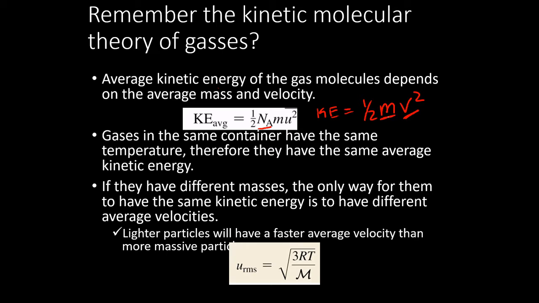Now, obviously, in reality, the toddler does not move as fast as the linebacker, but analogies always break down eventually. But you can think of it that way, where the larger the particle, the slower it moves, and so even though the hydrogen gas is teeny tiny compared to sulfur hexafluoride, it is just zipping, it is just booking it.